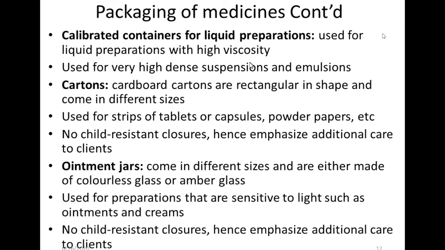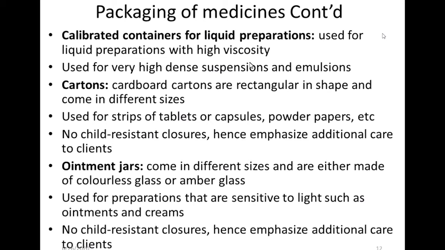So I was talking about calibrated containers. You find some of them that are like conical flasks and so on, or cylinders and so on. They contain those calibrations. Usually we use these for highly dense suspensions and emulsions.